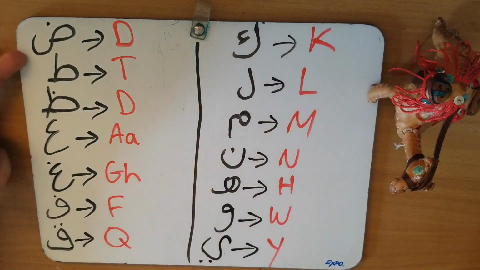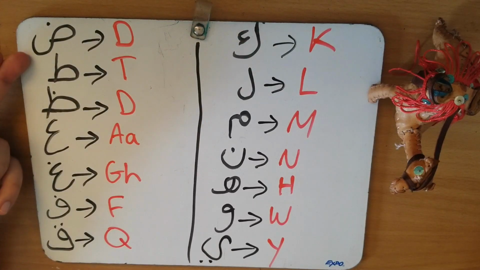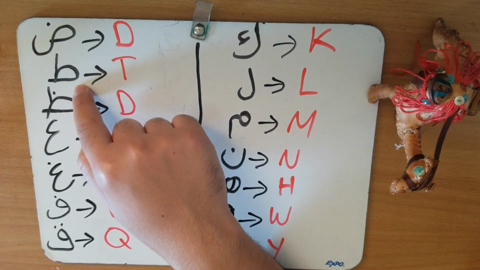Okay, so in this column we have some letters that are very hard to pronounce for English speakers, because we don't really have the equivalent sound in English, with the exception of Tha. Dad. This is a very, very deep and thick D sound. Ta.